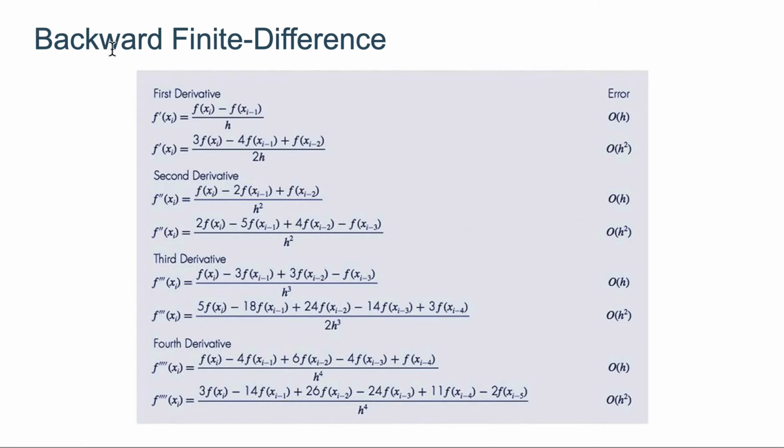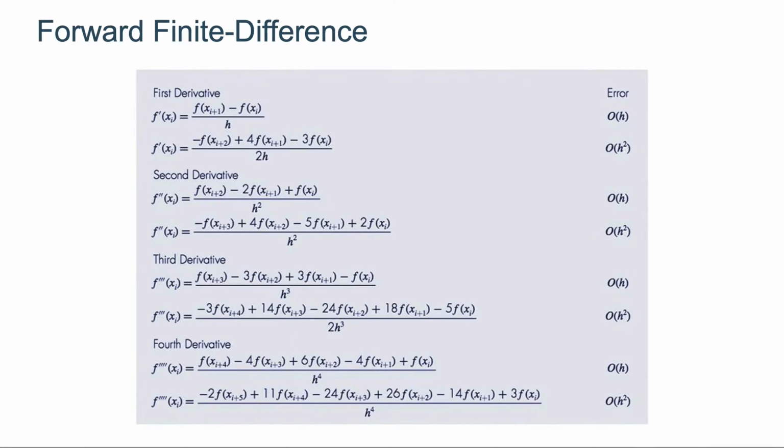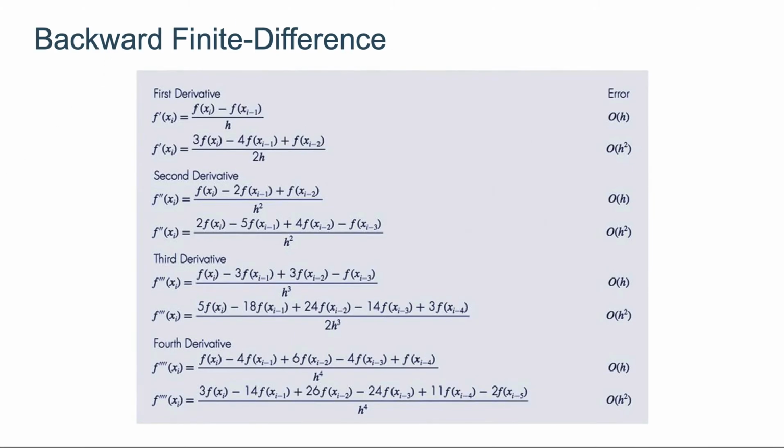That's the only difference between the forward formulas and the backward formulas. Again, you can repeat this procedure for second derivative formulas, third derivative formulas, and so on. We'll see what this backward formulation really means in the next video.